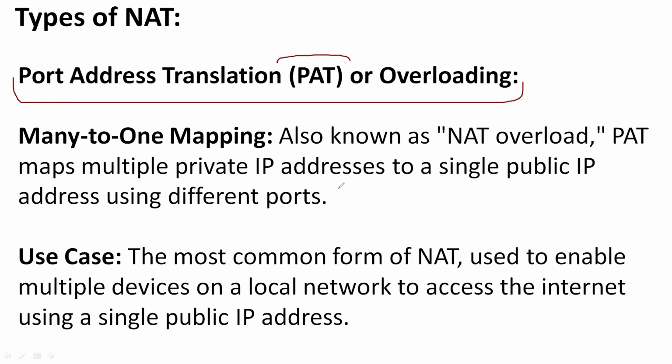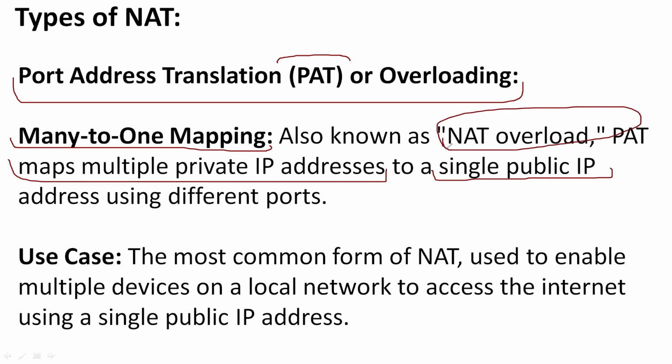So dear all, this is called many to one mapping. That means a single public IP can be used for multiple private IP addresses, and it is also called NAT overload.